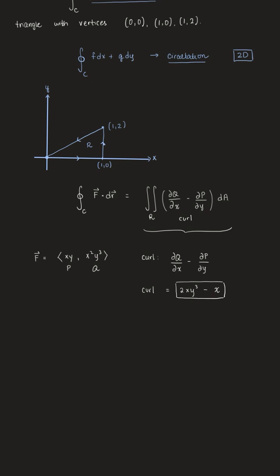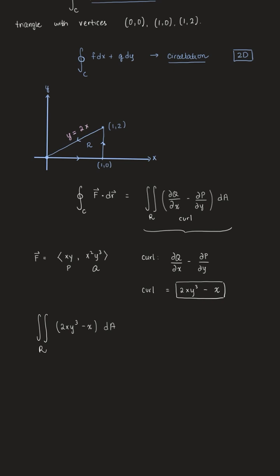All right, so we can start to set that up. We've got the double integral over our region. Our integrand is 2xy cubed minus x dA. Now what we have to do is set up our limits of integration and figure out what our area differential is going to be. If we go back to our diagram, notice that I can do a y-simple integral here pretty easily because the diagonal line has equation y equals 2x.